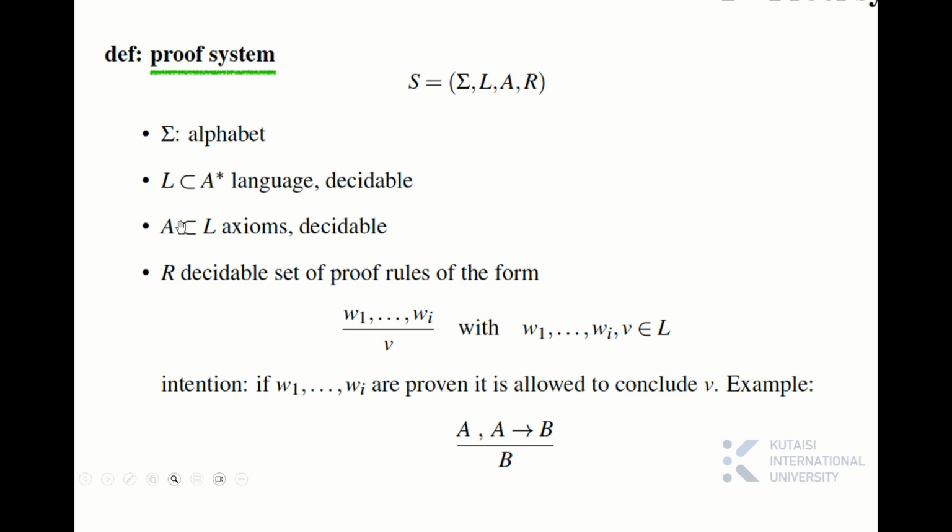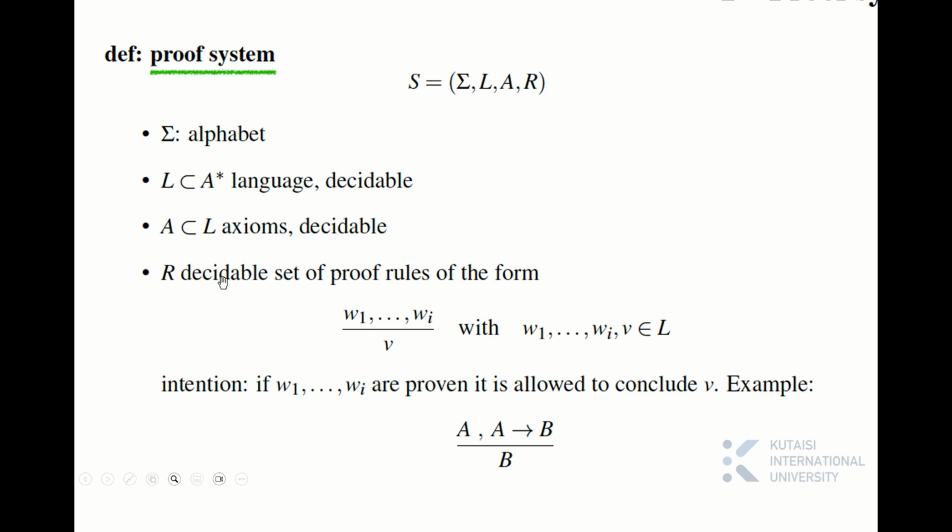That will be it. And also for the axioms, I ask it to be decidable, because given a string, I should be able to tell algorithmically whether it's an axiom or not. Otherwise, if for a string I'm not able to even say if it's an axiom or not, theoretically, then it makes no sense. So alphabet, just some relevant strings, and some axioms.